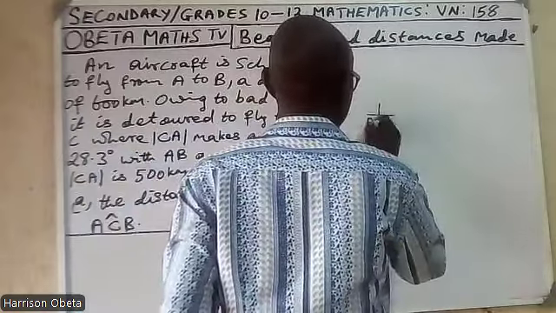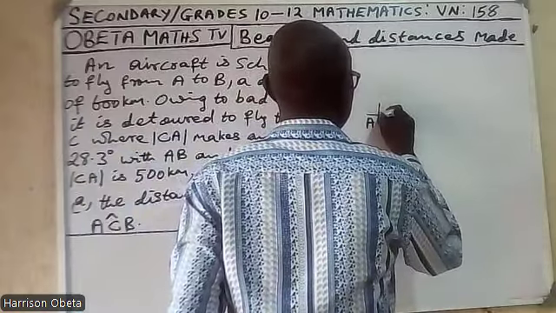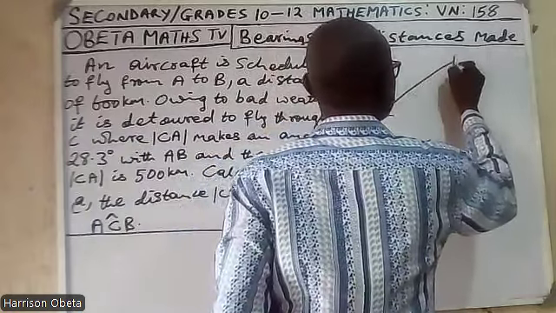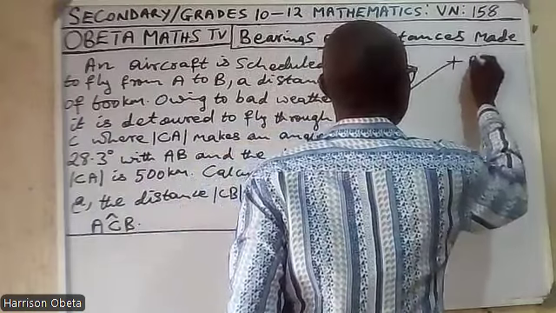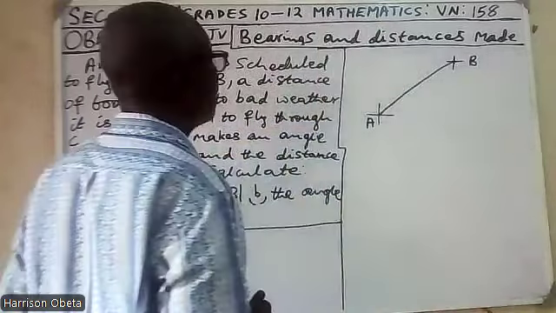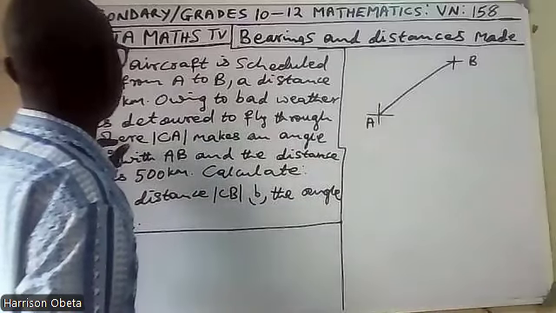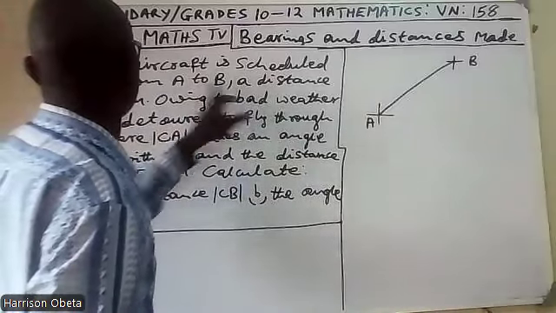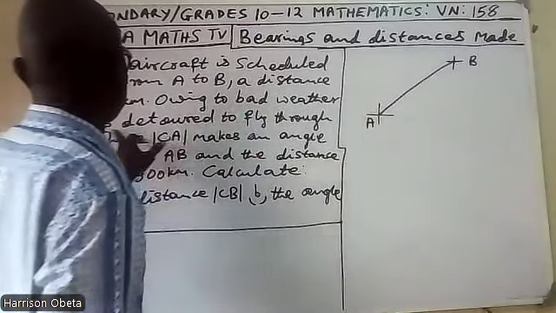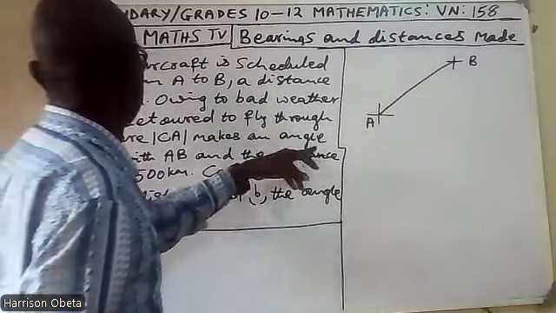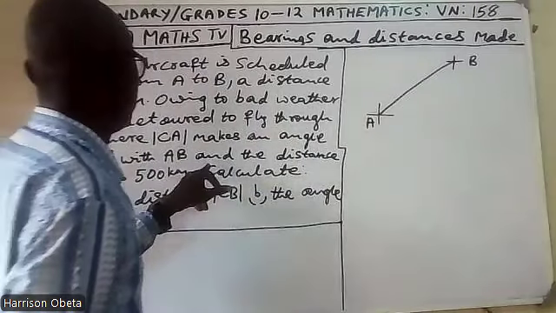This is our A. So let's take this to B. And then this is our B. But we are told that owing to bad weather, it is told to fly through C, where CA makes an angle this with AB.